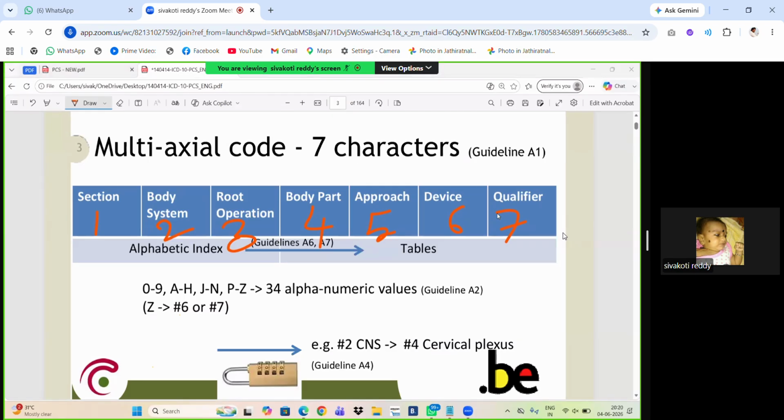We need to learn each character. Section, body system, root operation, body part, approach, device, qualifier. These are the 7 characters of a PCS code. Any doubt? No, sir. So now we can discuss each character.